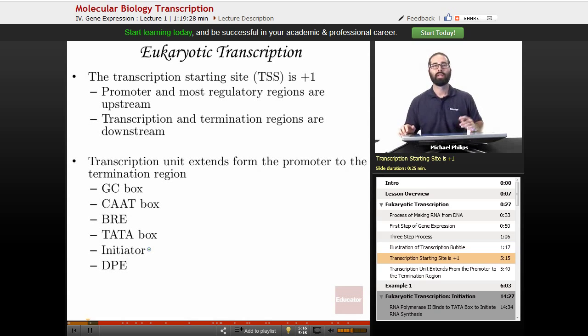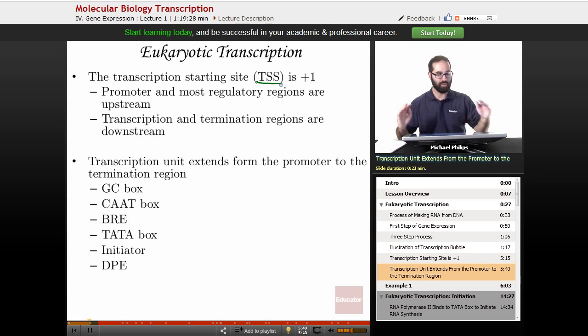So, let's talk about eukaryotic transcription. We have the transcription start site, which we call the TSS, found at the +1 position. The promoter and most of our regulatory regions are upstream or to the negative side, and our transcription termination regions are downstream or to the positive side.